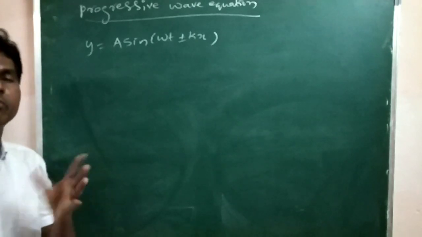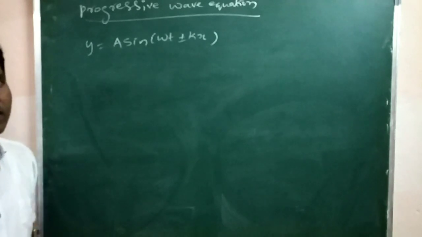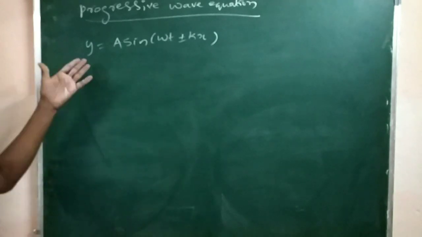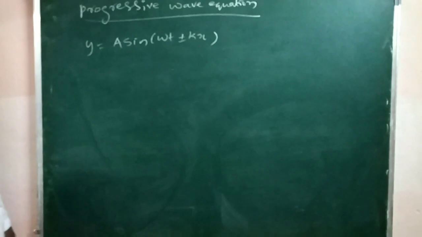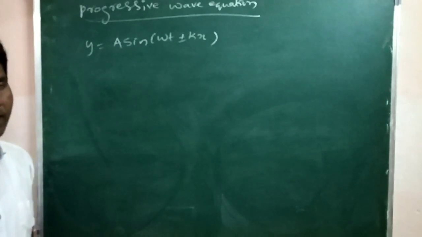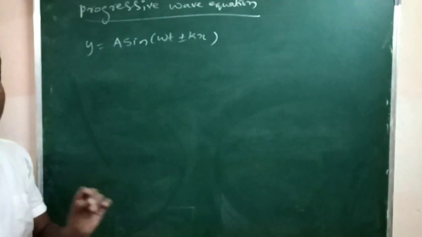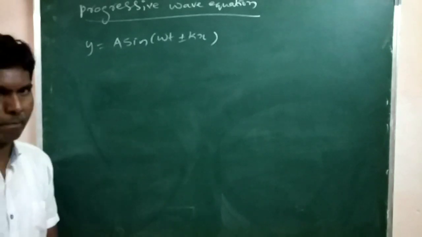They are executing simple harmonic motion. That's why the wave equation is written as y equals a sine omega t plus or minus kx. This equation is the harmonic progressive wave equation.